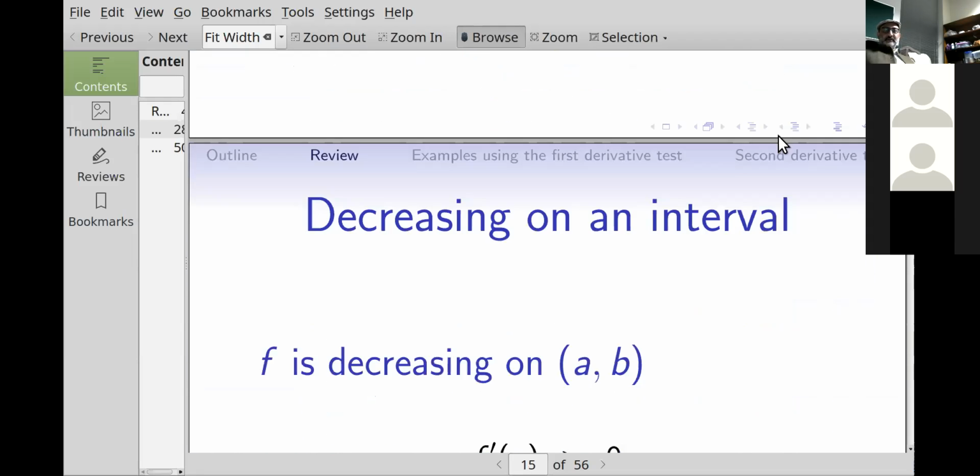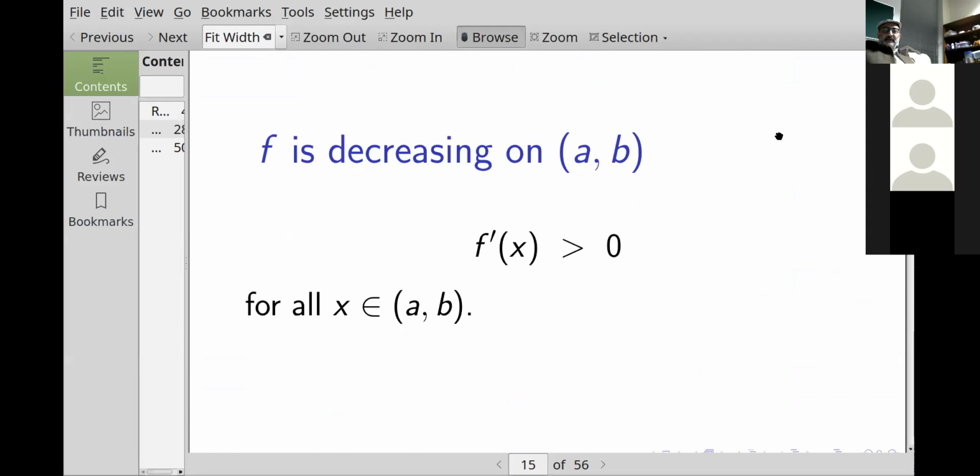And it's decreasing on the interval from a to b if, again, that's another misprint, the derivative f prime of x is less than 0 for all x on the interval from a to b. Okay.